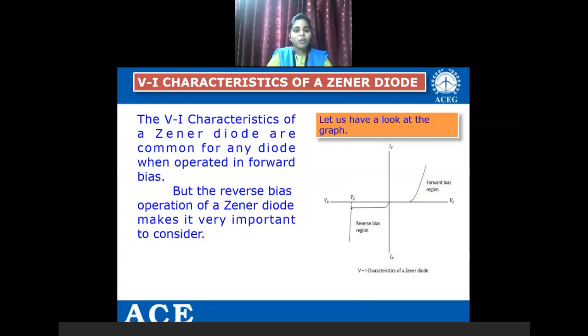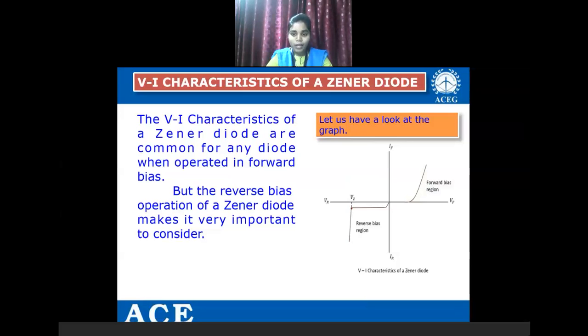But the reverse bias operation of the Zener diode makes it very important to consider. Why is it very important to consider? Because after VZ, we can see an increase in the current. And this special VI characteristic of a Zener plays a very important role.